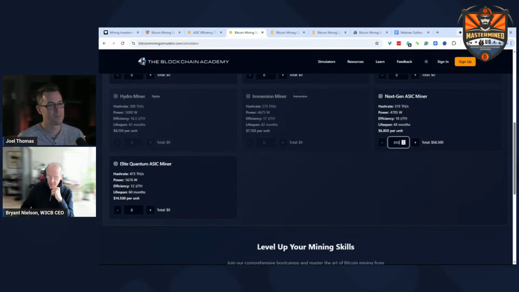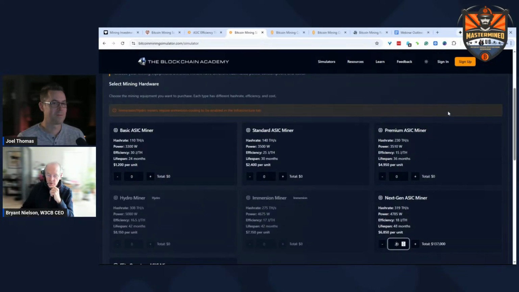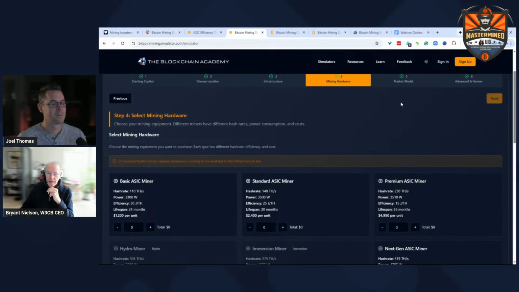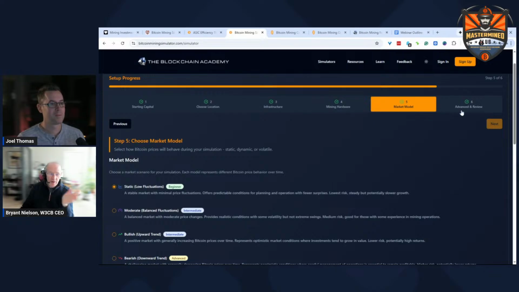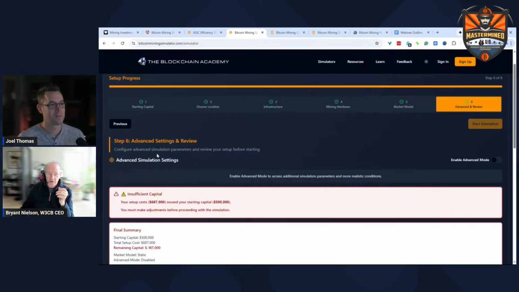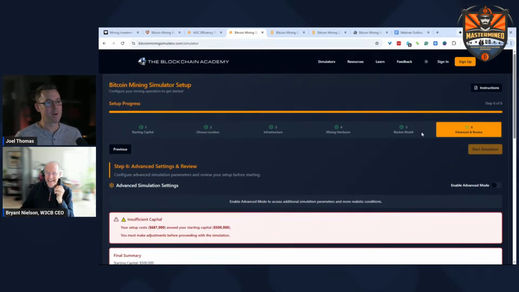I'm going to choose a smaller amount. I think I picked 50. I'm going to choose 20 here. For hardware, my market model, I'm just going to leave, and then I'm going to start my simulation. Oh, it didn't let me restart. This is harder than a 1980s Nintendo game. It is.